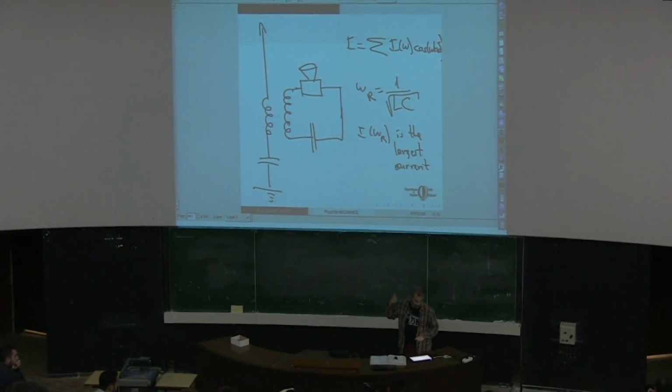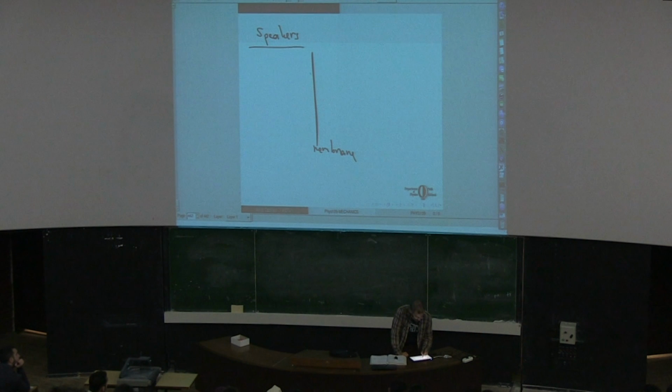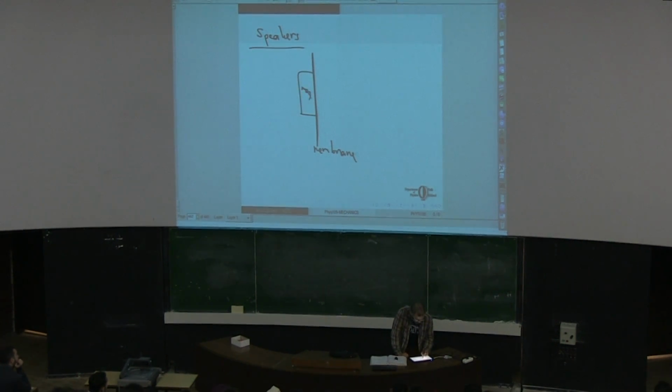Not exactly like this one. So what you have in the speaker, you basically have a membrane. One thing you can do is you can just attach a magnet to the membrane. And here you have a coil.